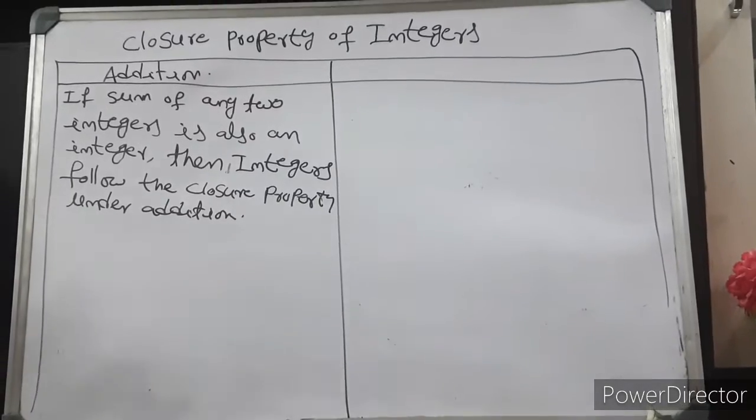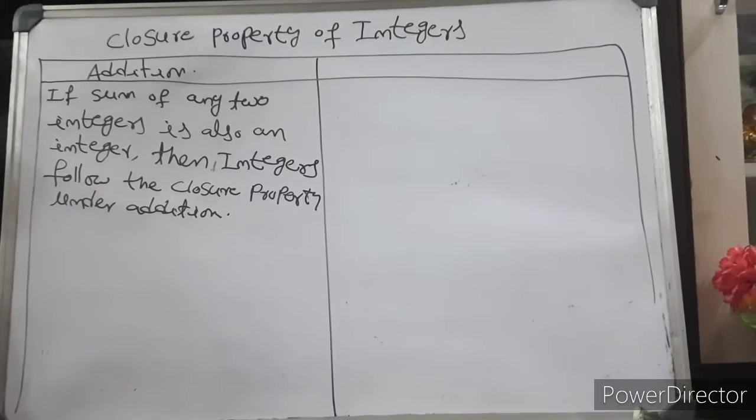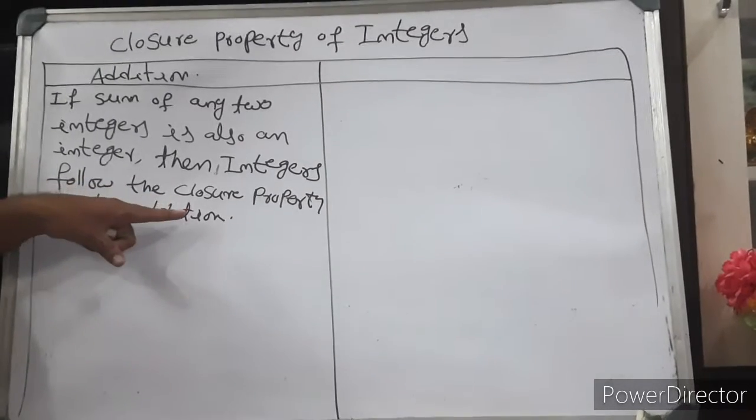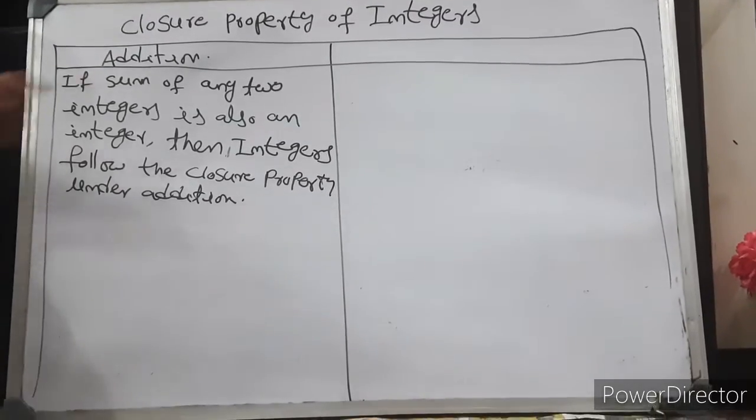So here the sum of any two integers is also an integer. Then the integers follow the closure property under addition. So now we have to check this property.